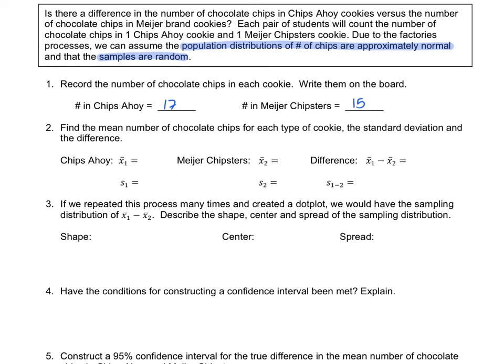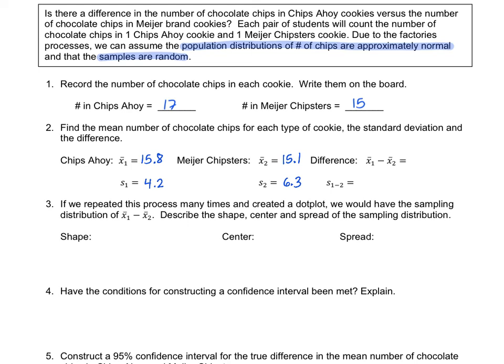So we start with Chips Ahoy. Our mean value ended up being 15.8 with a standard deviation of 4.2. The Meyer's Chipsters, we ended up having a mean of 15.1 with a standard deviation of 6.3.